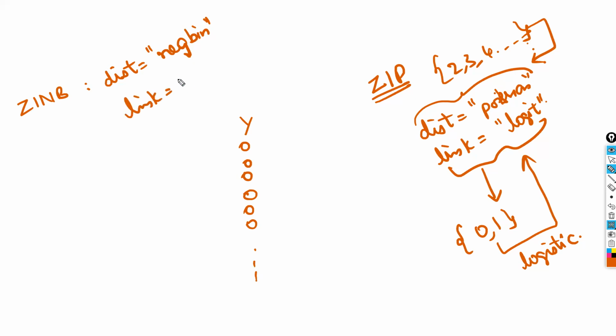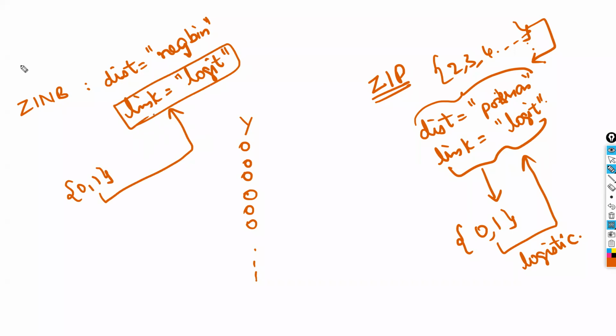And the link function is logit. Then all the zeros and ones in your data would be taken and treated as a different data set, and you end up building a logistic regression model. All the other values, 2, 3, 4, 5, all the other count values will be taken and you end up building a negative binomial regression.